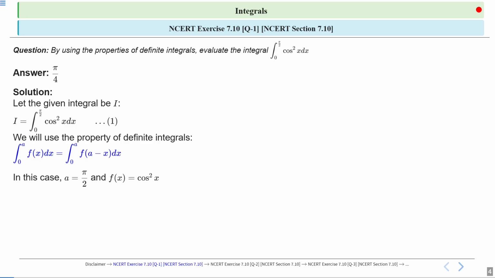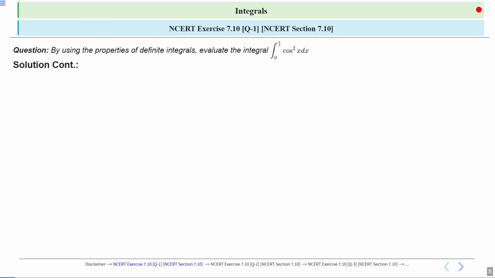So in this case, a is equal to pi by 2 and f(x) is equal to cos square x. To find f(a minus x), just replace x by a minus x, that is pi by 2 minus x, and we know cos of pi by 2 minus x is sin x.